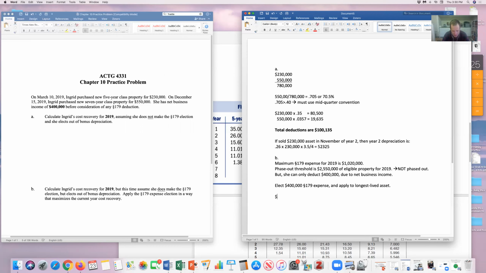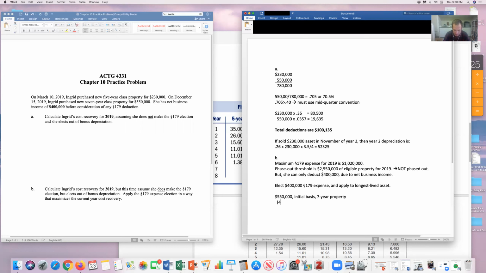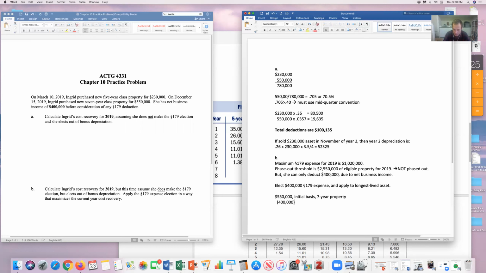All right, so if we take the $550,000 of 7-year property, that is the initial basis. She's electing 400,000 of 179 expense, immediate expensing.